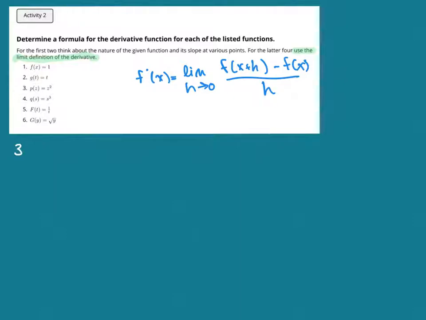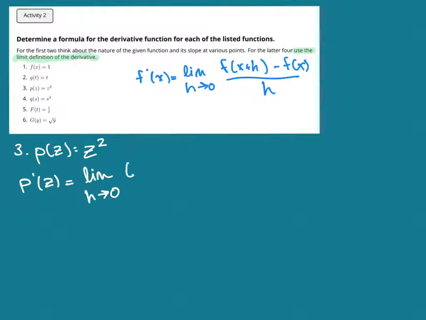So example 3, we're looking at the function p of z is equal to z squared. So p prime of z is equal to the limit as h goes to 0 of p, oh dear, let's not write all of this out. I'm going to run out of space real quick.